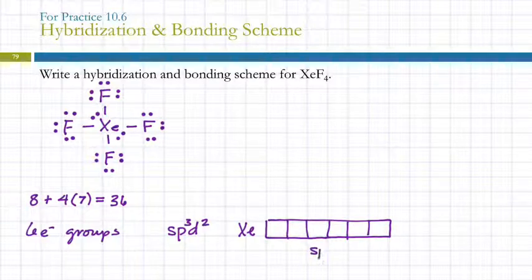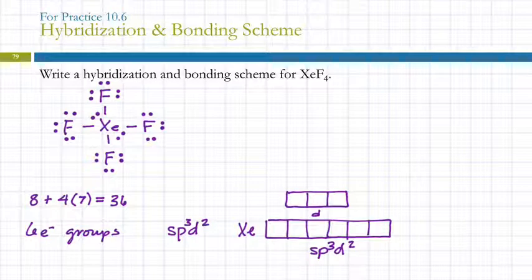So these 6 are called sp3d2, and then there's also some d orbitals that are left just empty. They were sitting there empty before, and they're still going to be empty.